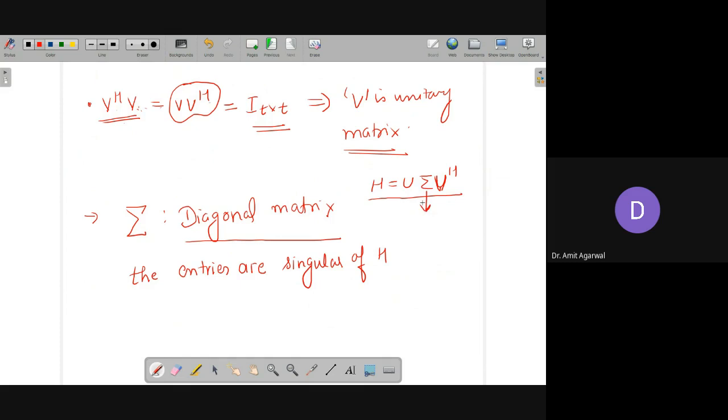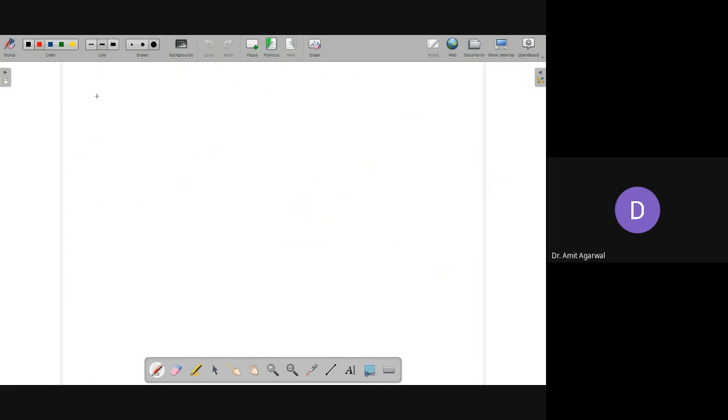So the entries of this sigma matrix are singular values of the matrix H. And we always write, if these are the singular values sigma 1, sigma 2 up to sigma t, we always write them in decreasing order. And the number of non-zero singular values is the rank of the matrix H.